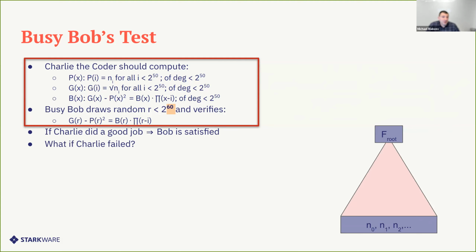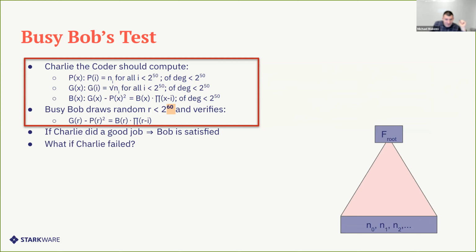Now the test requires only drawing a single point and reading 3 values from what Charlie has computed and putting them in this simple formula, much faster than 2 to the 50. This is actually one of the properties that shows how you can scale using STARKs eventually.